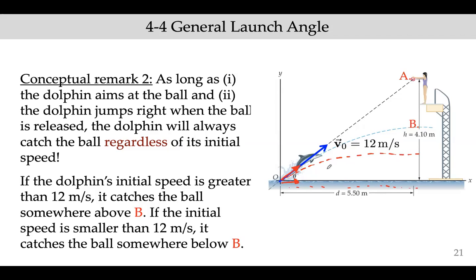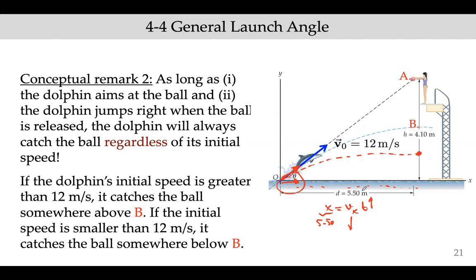So x equals vxt, right? So x is fixed. This is 550. If the x component of the velocity is smaller, that means time is larger, so it will take more time. And for the ball to fall from here to here, it would again take more time. So it turns out that they will again meet at some point, but of course below B.